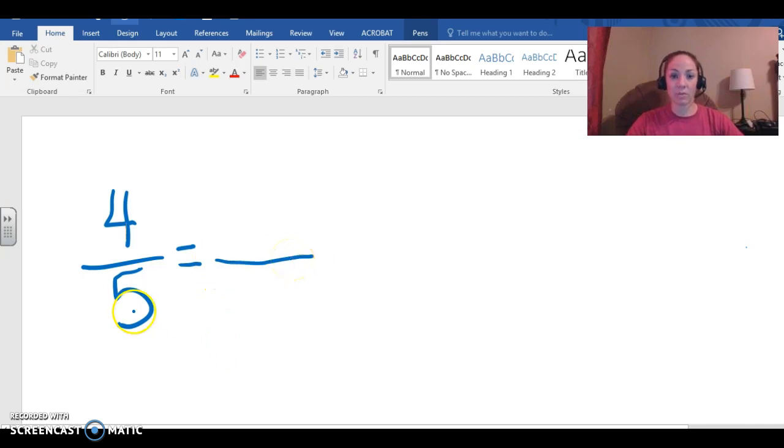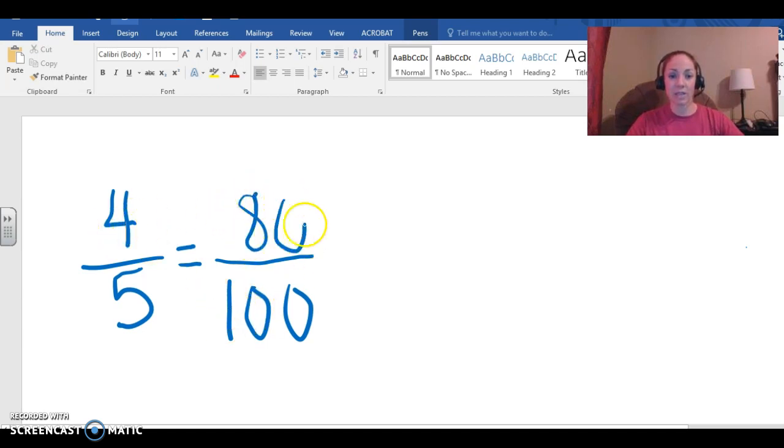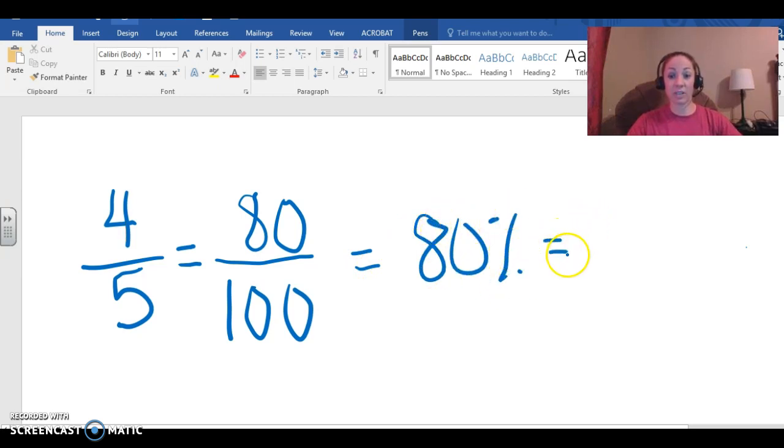So 5 times what equals 100? 20. Think nickels, guys. 20 nickels go into $1. So 20 times 4 is 80. So 80 over 100 also equals 80%, or if we convert it into a decimal, we wind up with 0.8 or 8 tenths.